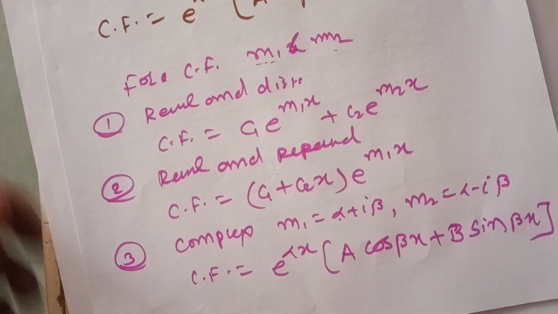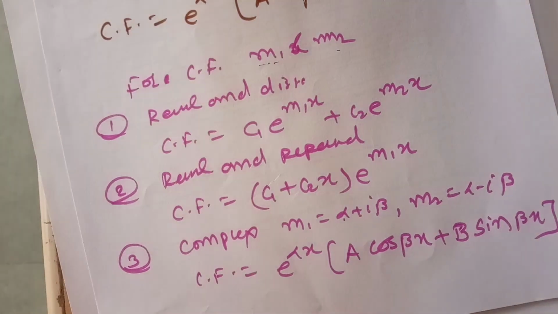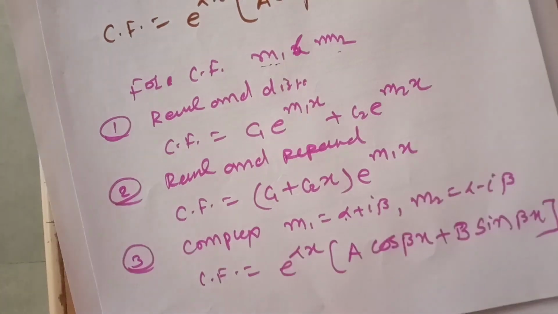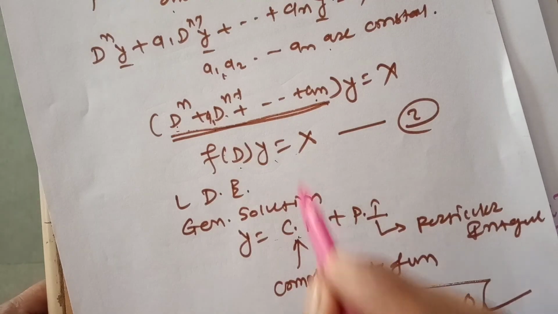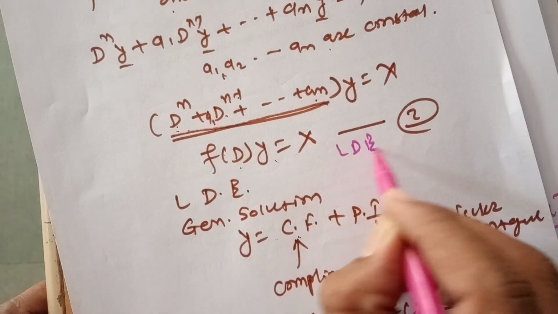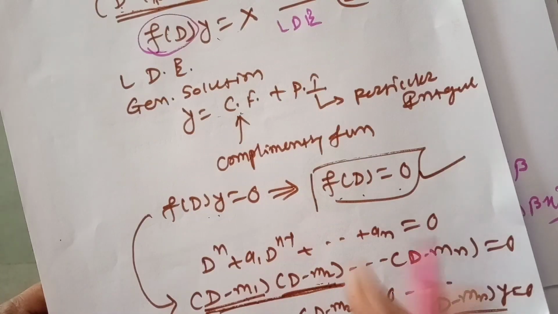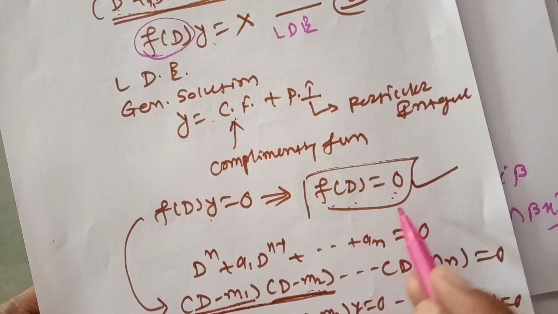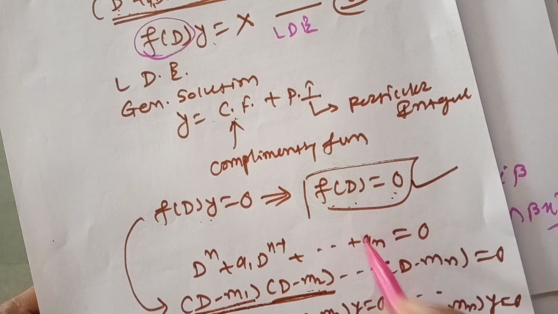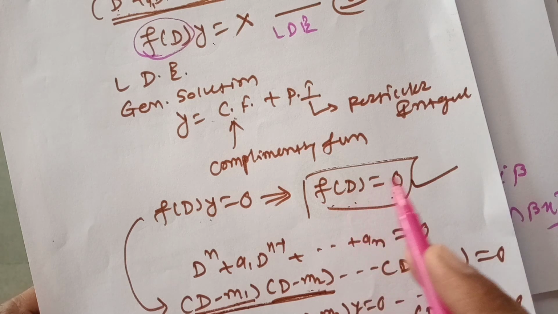Means if we know the roots of this equation, again this is our linear differential equation, if we know the roots of f of D equal to 0, then we can find CF, and CF depends on the nature of roots of this equation: real and distinct, real and repeated, and complex.